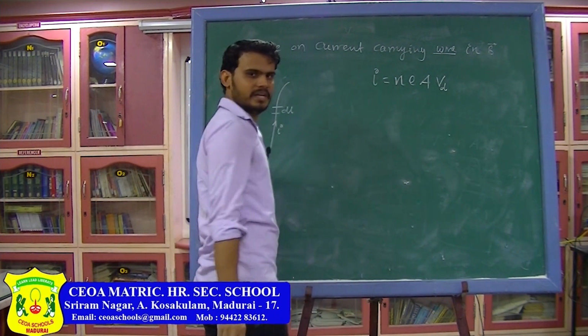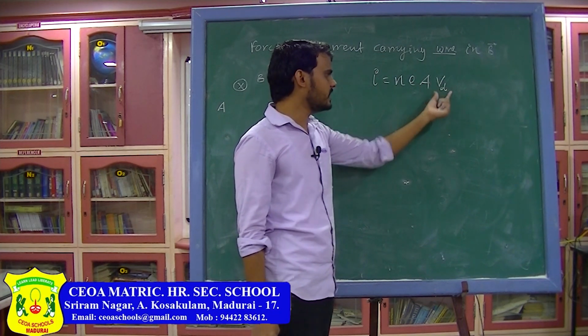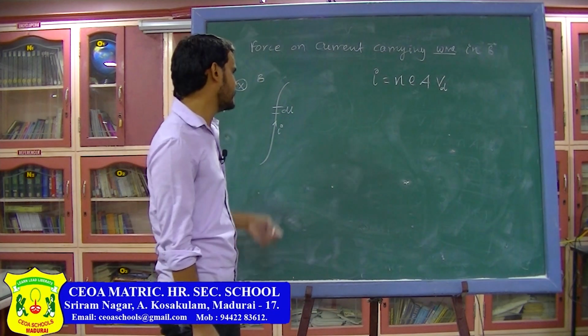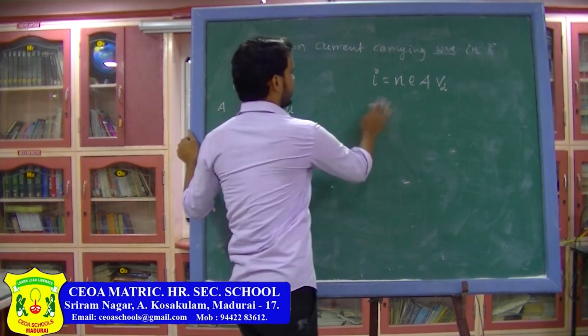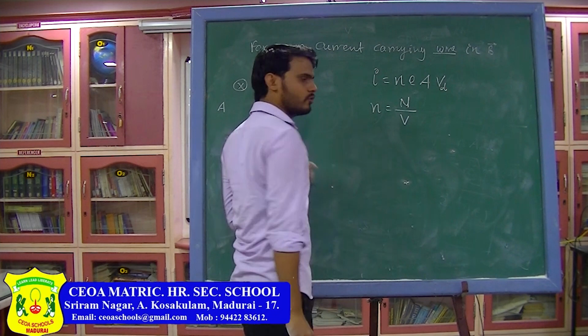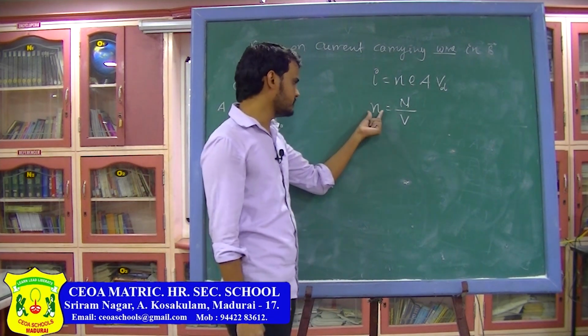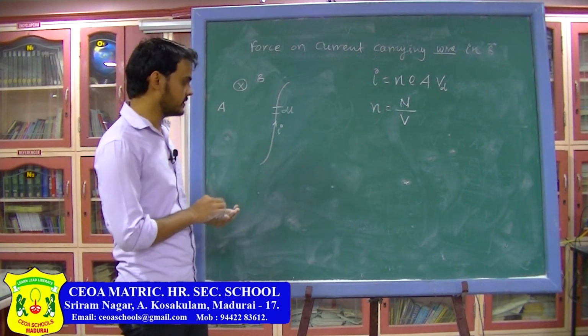Here n is the number density, e is the charge on the electron, A is the area of the cross section, and Vd is the drift velocity of the charged particle. So from here I can write n is equal to total number of particles divided by volume of the wire. So here N is the total number and small n is the number density of the charged particle.